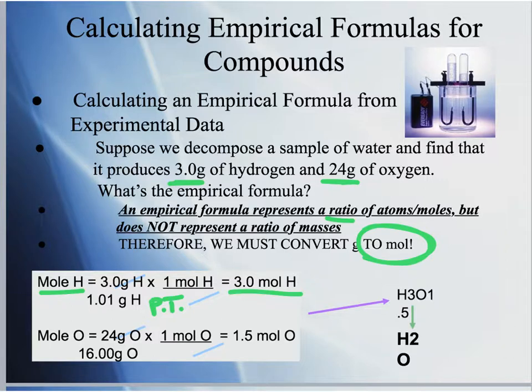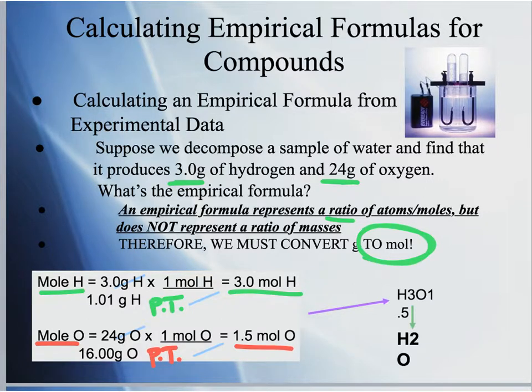Same thing we'll do with oxygen. We're going to turn our grams of oxygen into moles of oxygen. In the laboratory analyses, we are given 24 grams of oxygen. Again, we'll use our periodic table. 1 mole of oxygen is equal to 16 grams of oxygen. So when we divide, we're going to end up with 1.5 moles of oxygen.